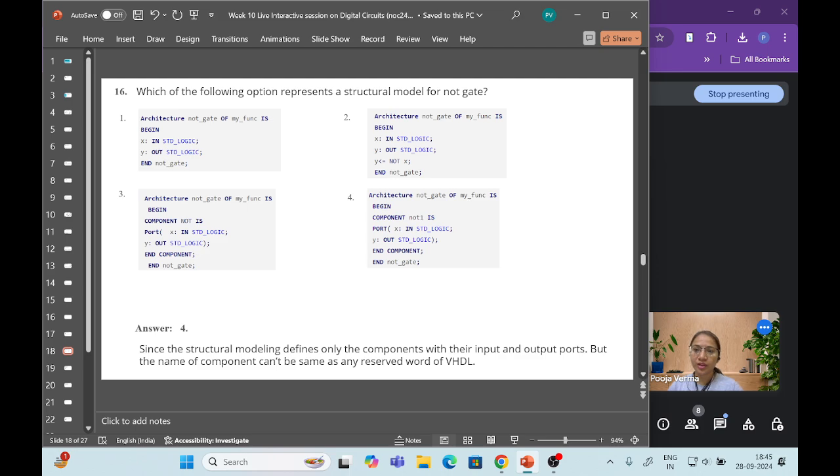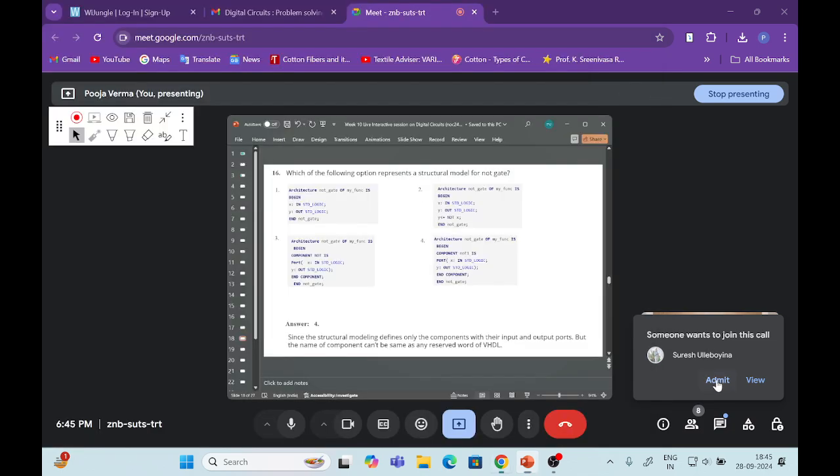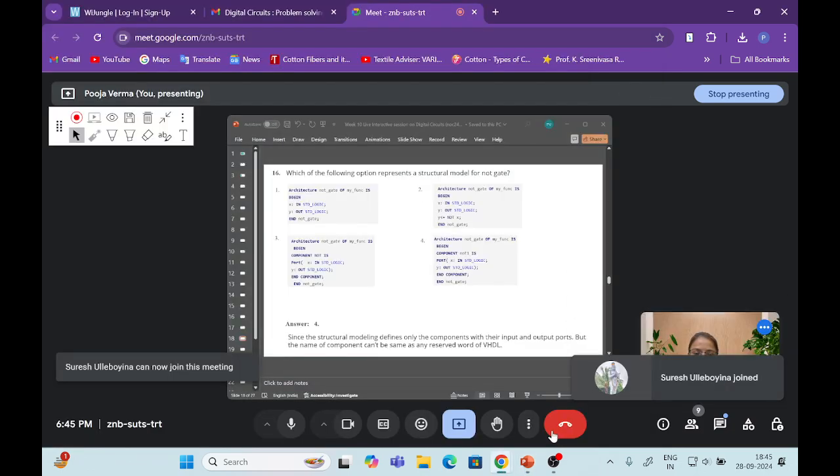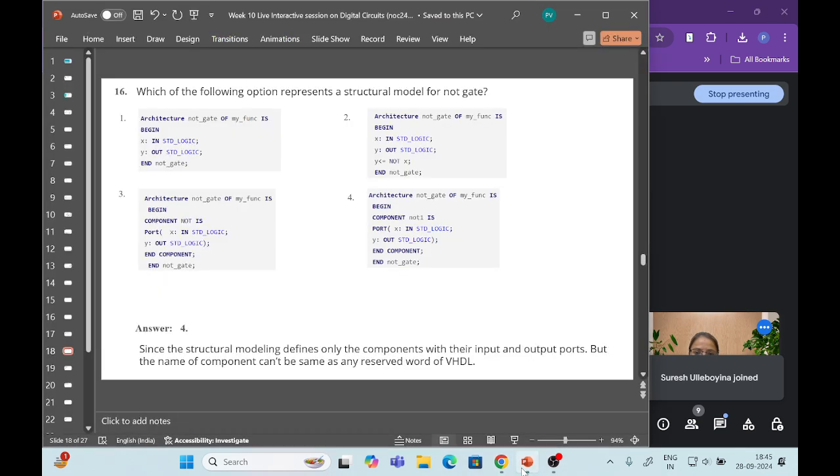Now, next question. Which of the following operations represents the structural model for a NOT gate? Anyone of you can see and answer this question.